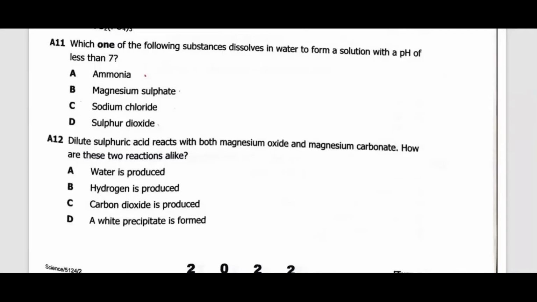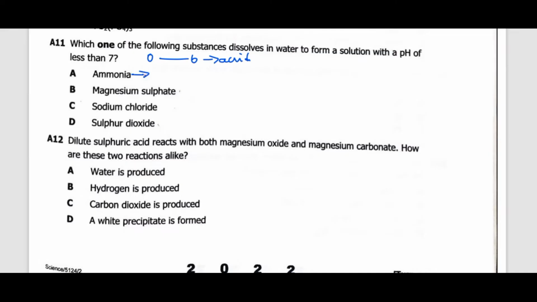Then question 11. Which one of the following substances dissolves in water to form a solution with a pH of less than 7? So 0 to 6 shows the acid. From these multiple choices, we want a substance that if dissolved in water is going to give us an acidic solution.